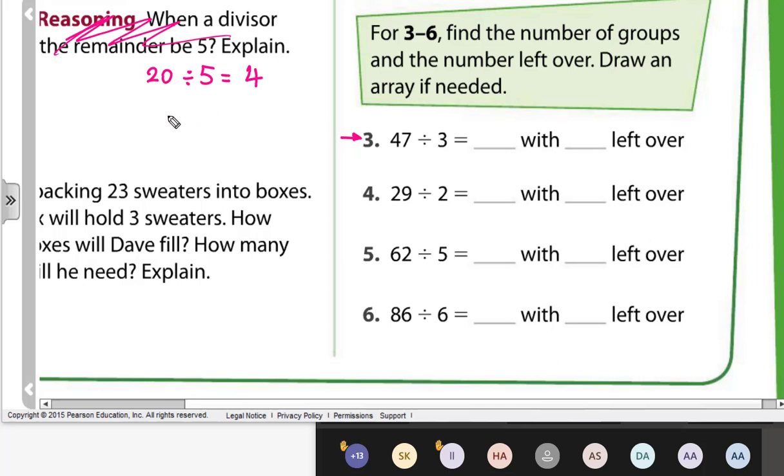What about 21 divided by 5? It's equal to 4, and we have a remainder. The remainder will be 1.